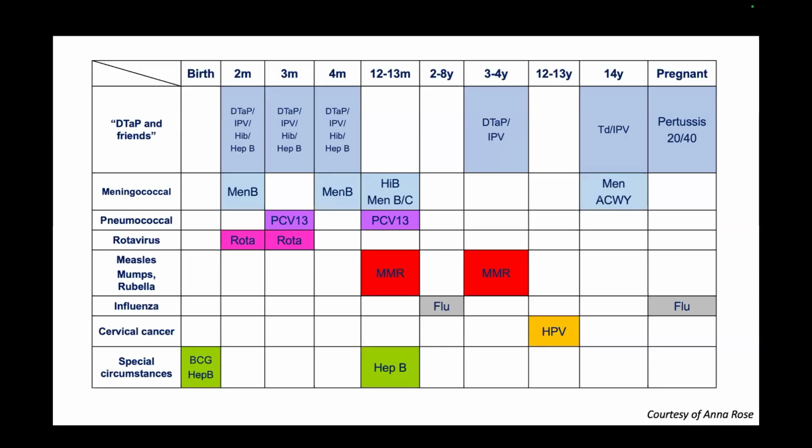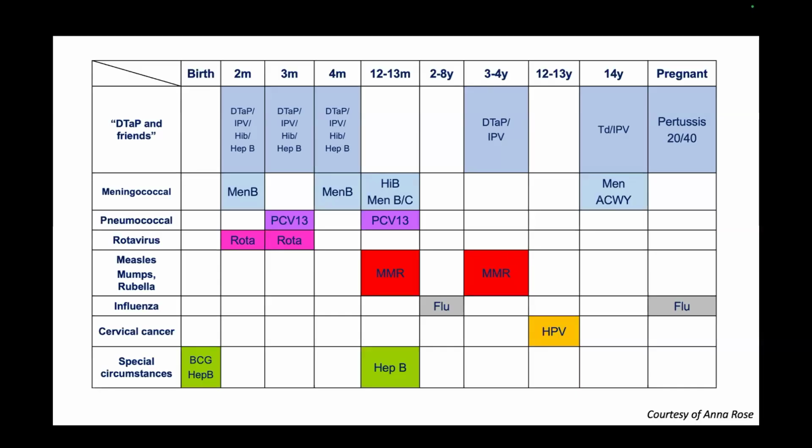I had a look at your local immunisation schedule as well, and it's broadly similar, although I know obviously coverage will be incredibly low at the moment. So you may be seeing outbreaks due to these vaccine-related diseases.